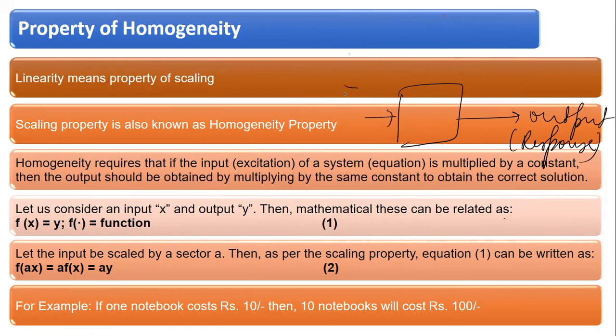You have the input, which is also known as excitation. So this is the system, right? Now remember one thing. Let us say x is the input and y is the output.